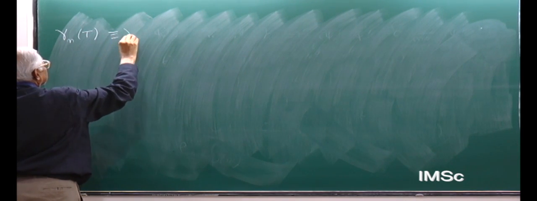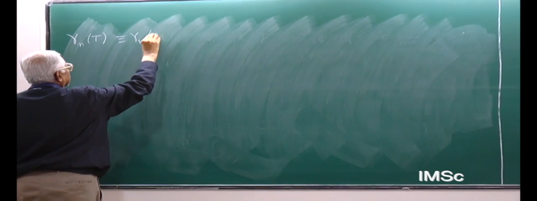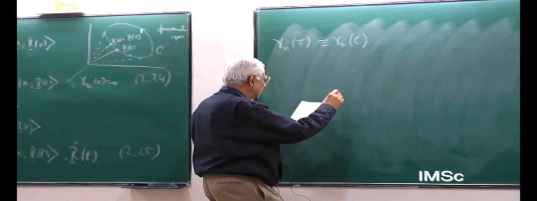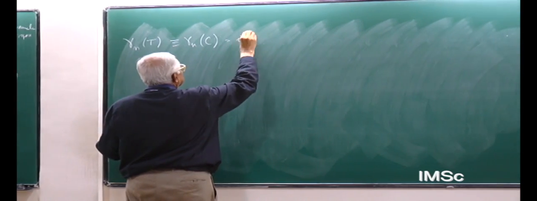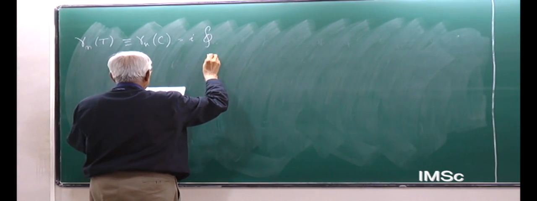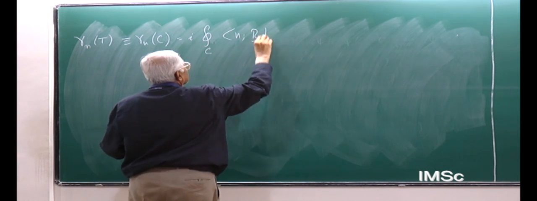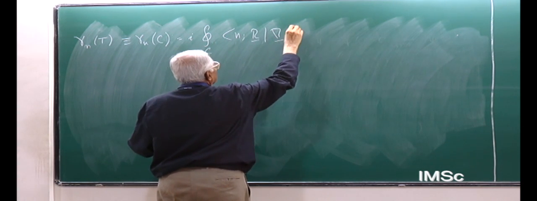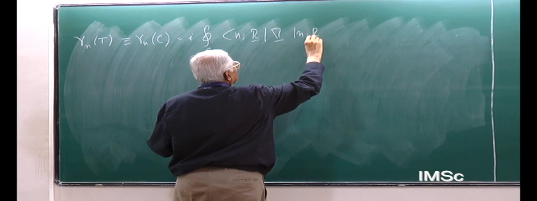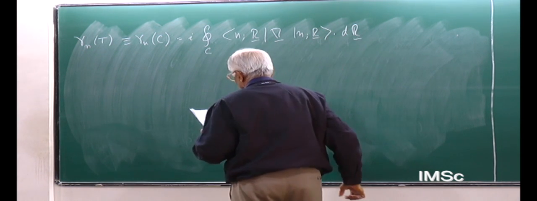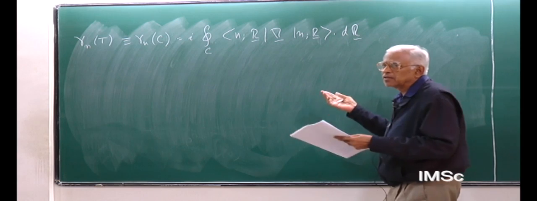I will call this the phase gamma n associated with this whole circuit in parameter space, and it is integral C. You can see that this is obviously the case.